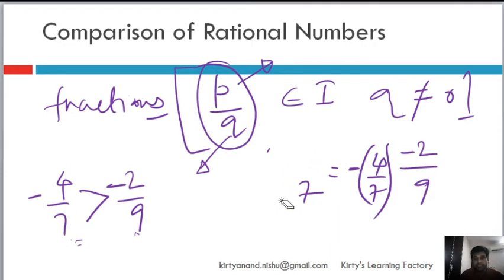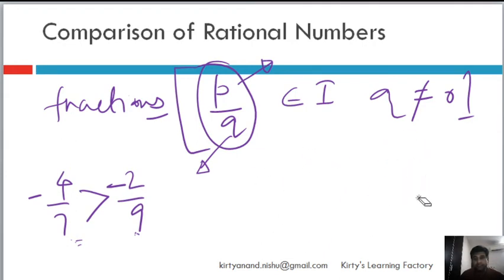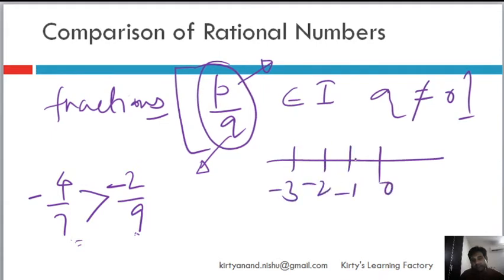So let's assume that now we are to compare two negative rational numbers. Now we know that on the negative side of the number line, the farther we move away from 0, numerically the number will be less in value, right?